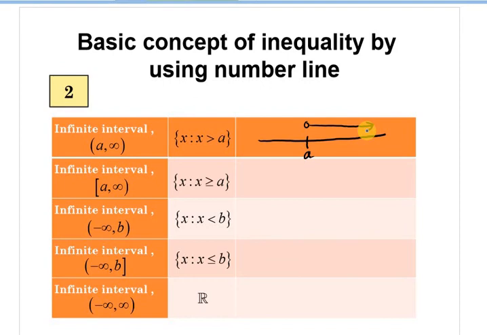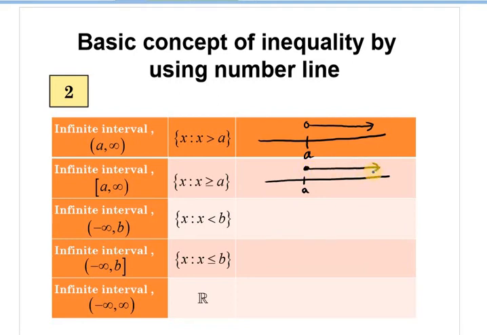Alright, and then we have the second infinite interval, where A is included. So we will have A again, the only point there. Since A is included, we will have a dense circle. Since it's greater than, it will go straight to the right.